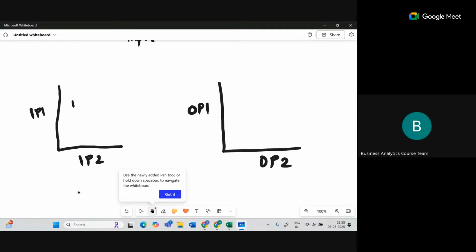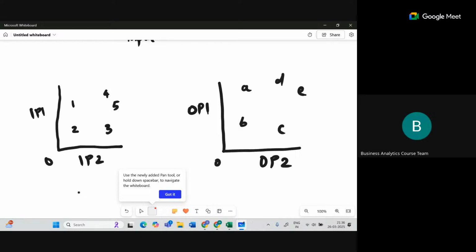So let's say this is 1, this is 2, this is 3, 4 is here, 5 is here. Similarly, you have A, B, C, D, and E. So assume this is the origin.